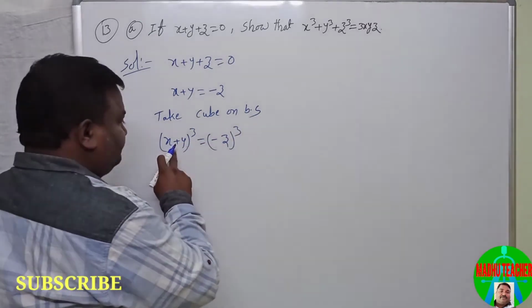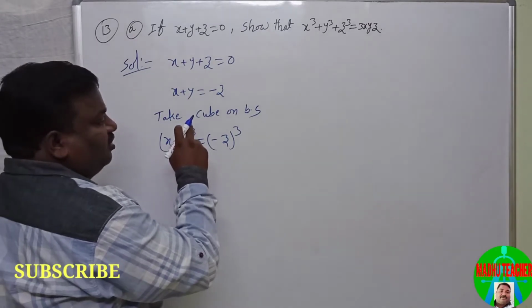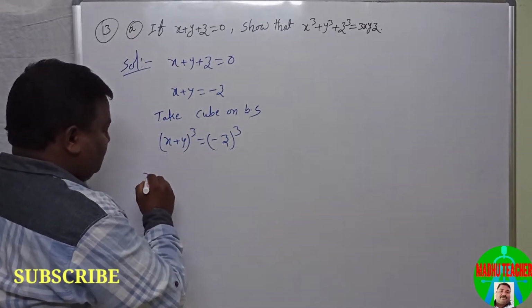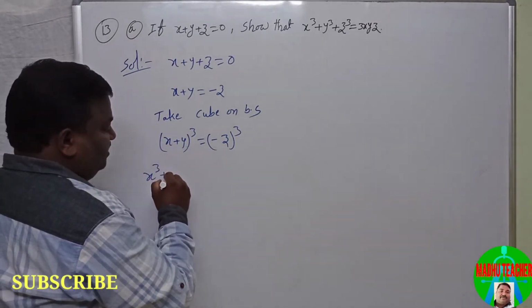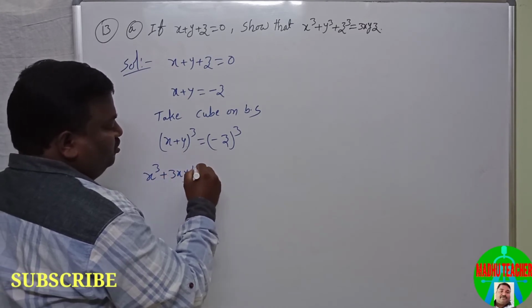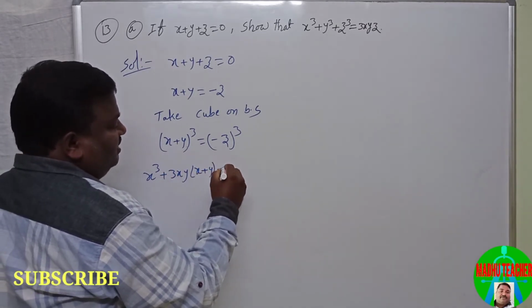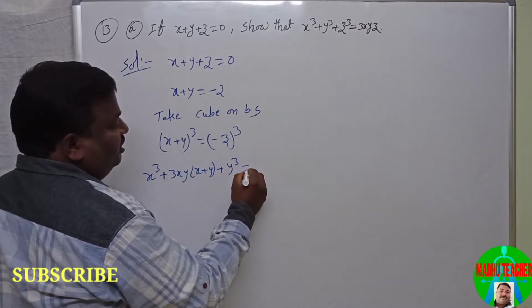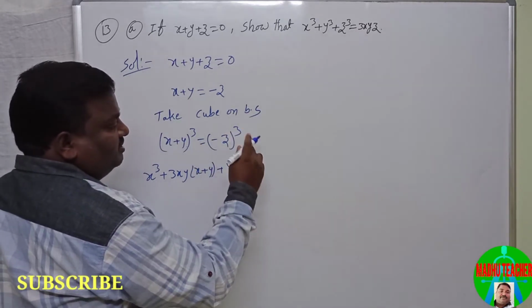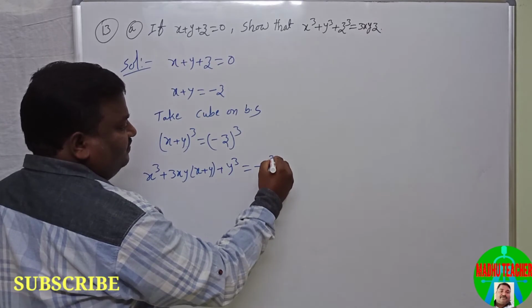So by the x plus y whole cube identity, that is x cube plus 3xy into x plus y plus y cube equal to minus, odd power gives minus, z cube.